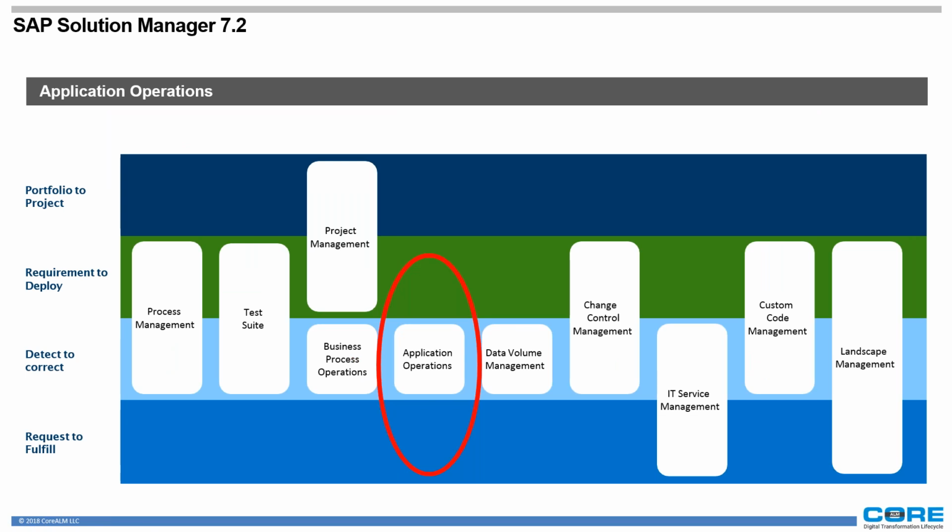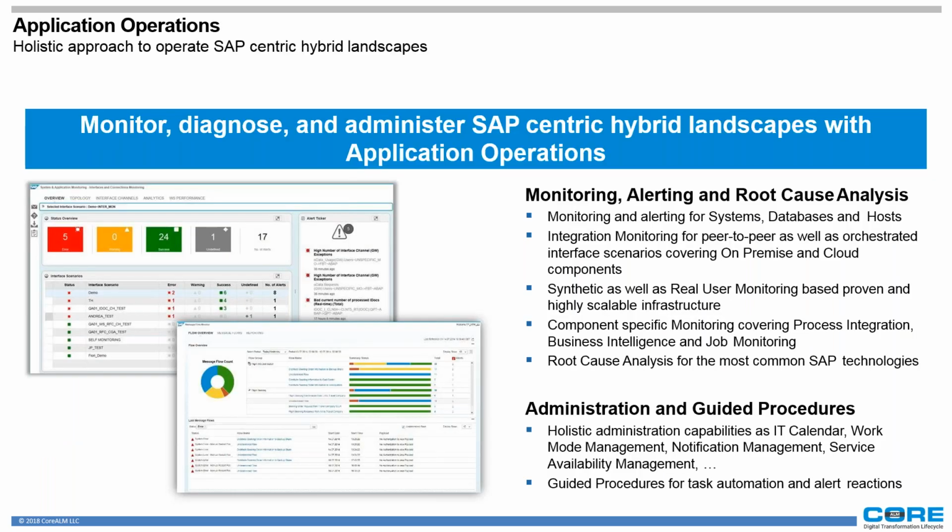The next one is application operations, which is more the technical, the ability to monitor the system from a technical perspective. So this is really a set of tools that allow you to monitor the systems from different perspectives, whether it's from the infrastructure perspective, so from the OS, database, and then going into the SAP system itself, monitoring multiple things from performance, exceptions, and a multitude of things that you can monitor.